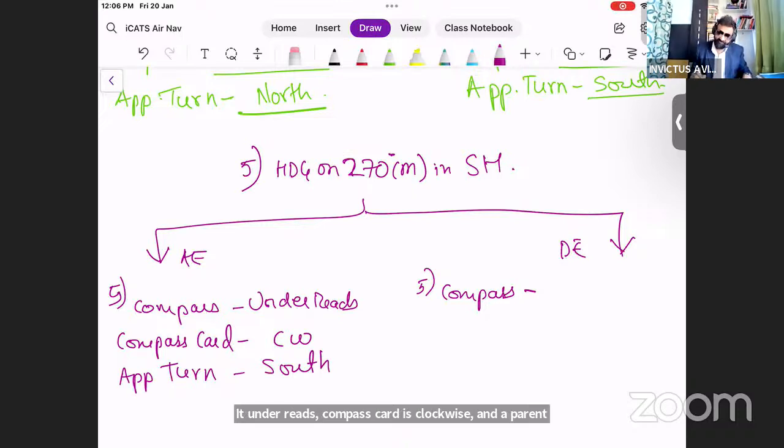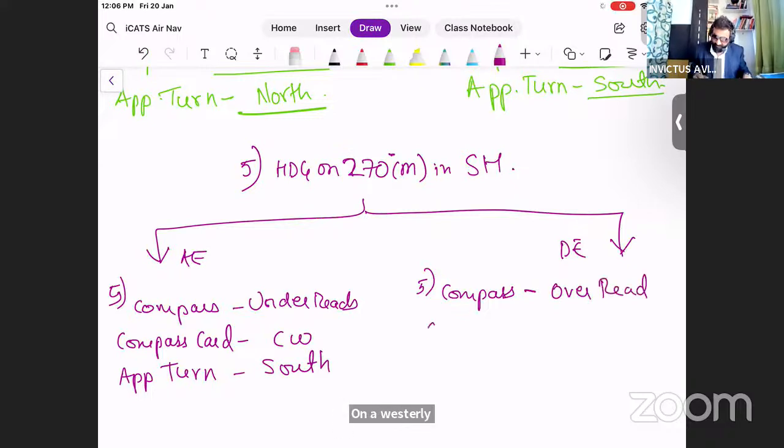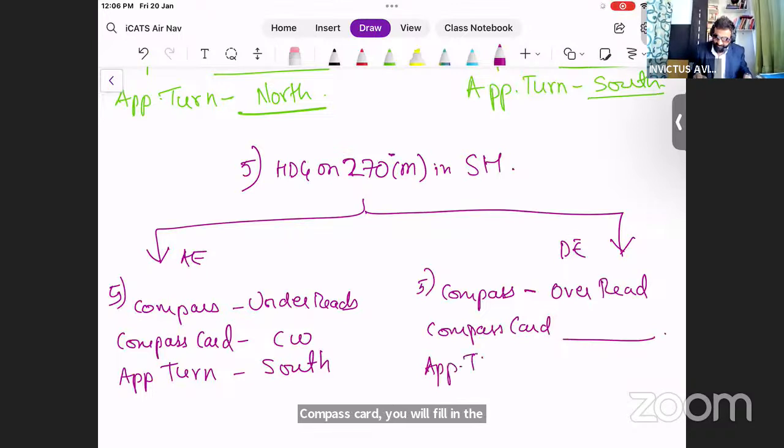The compass in the southern hemisphere during deceleration on a westerly heading will overread. Compass card, you will fill in the blank, and apparent turn will be towards the north.